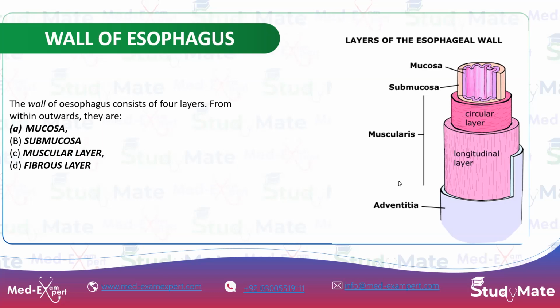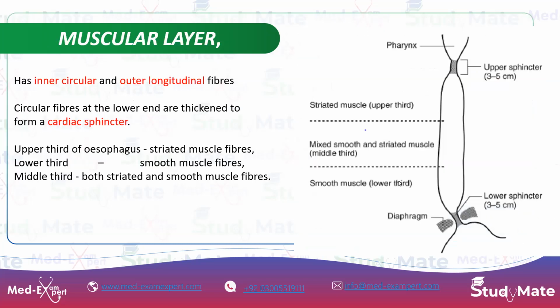If you look at the muscle in detail, inner circular fibers and outer longitudinal fibers, as is already seen, cardiac sphincter वो जगह होती है जहाँ पे एसोफेगस जाके स्टमक को ज्वाइन करता है.